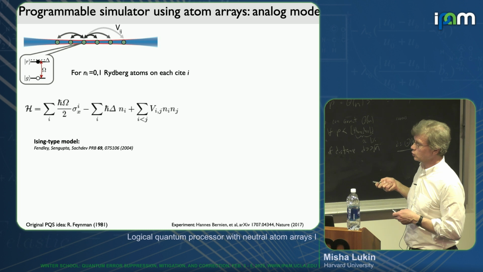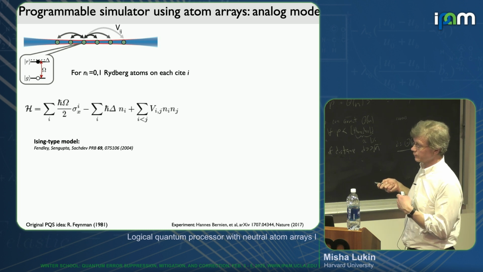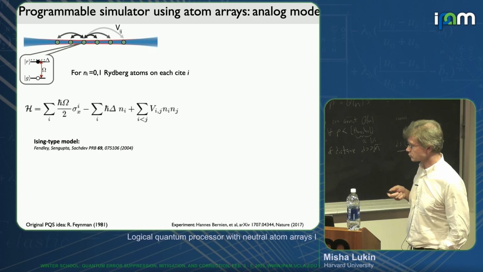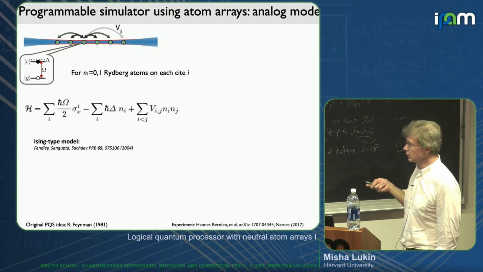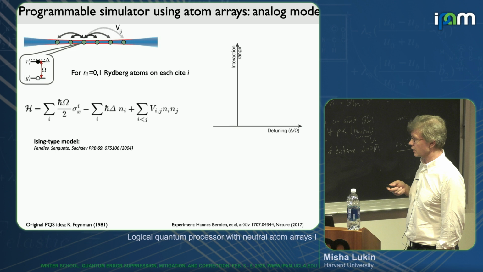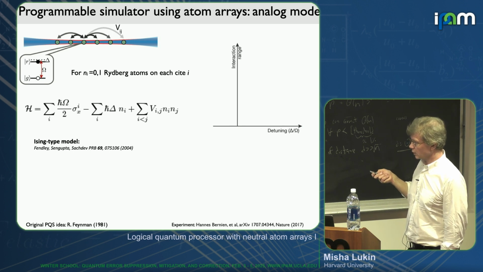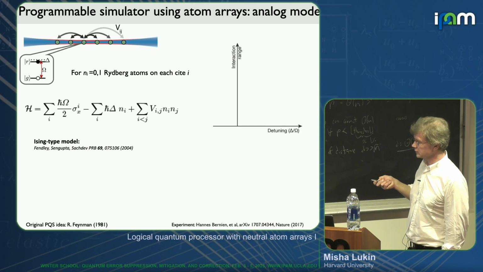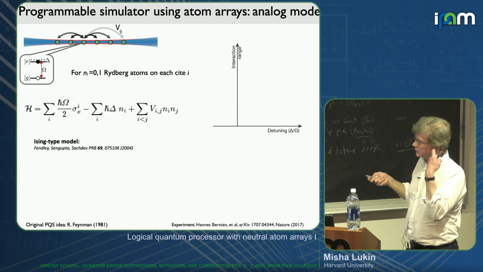It has a detuning term, which is like a magnetic field pointing in the z direction, and an interaction term. For this Ising-type model, you can calculate the ground state phase diagram. This can be quantified by two parameters. One is the detuning, delta, the laser detuning, and another one is the interaction range.